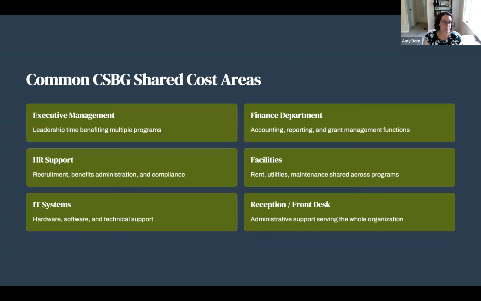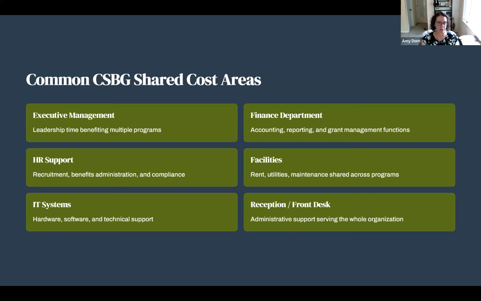All right, common CSBG shared cost areas. Obviously executive management is going to be your leadership time, your executive director, your operations person, that benefits multiple programs. Your HR support is going to be doing your recruitment, making sure everybody has health insurance and that the agency is getting the most reasonable price they can on that, and compliance with the many HR rules that are out there.